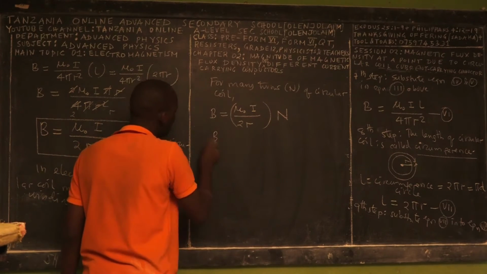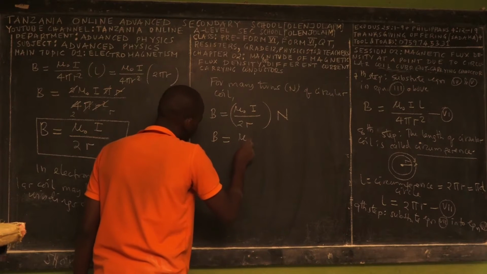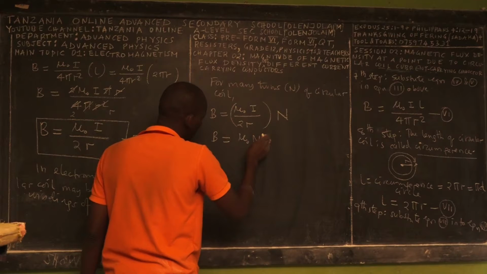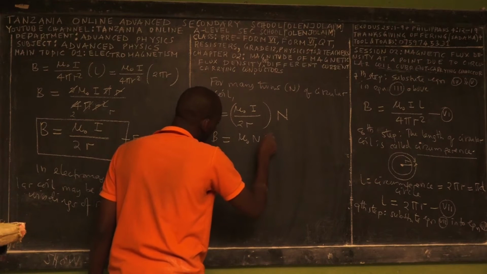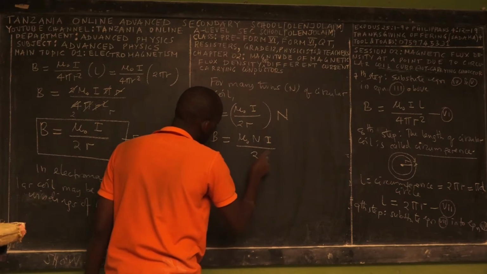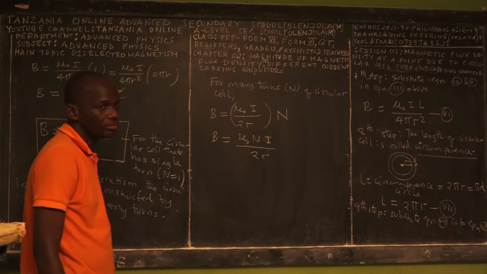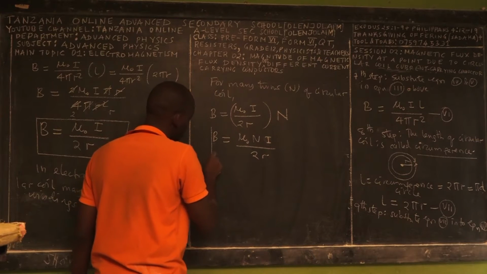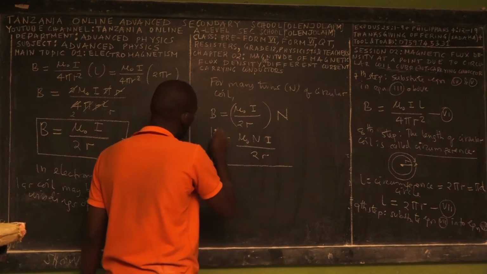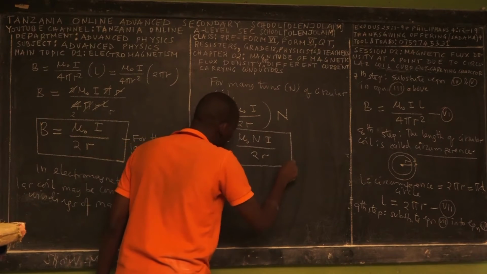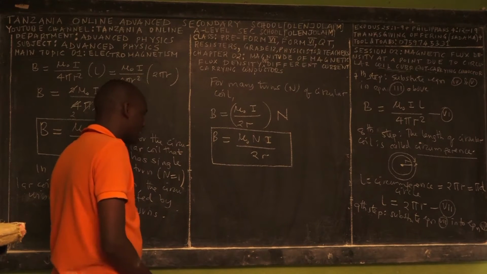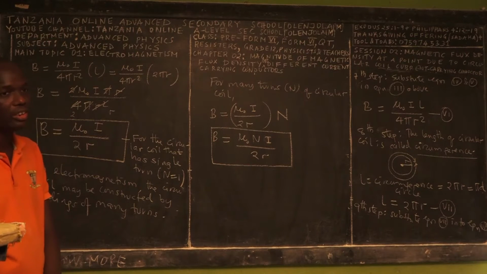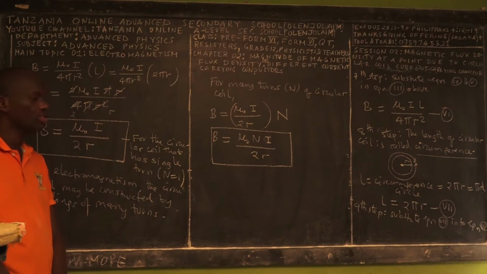So the magnitude of magnetic flux density is equal to permeability of free space times number of turns times current over twice R. So this is the Biot-Savart formula for n turns that determines the magnitude of magnetic flux density at the center of the circular coil with several number of turns.